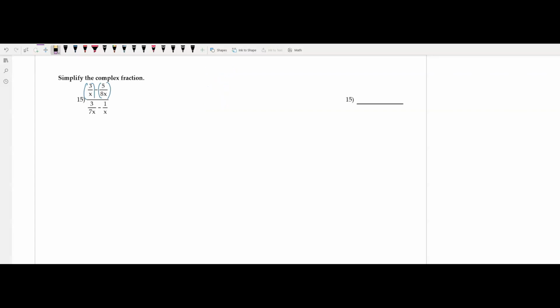So what is the approach? Well, the approach for this one is to first find the LCD of all denominators, top and bottom. Okay. And what are those?